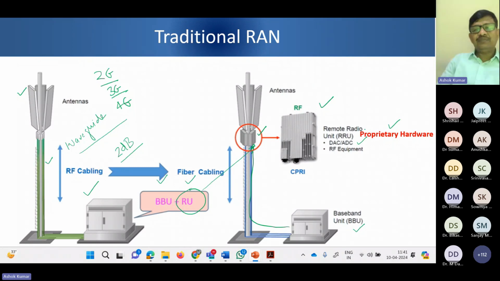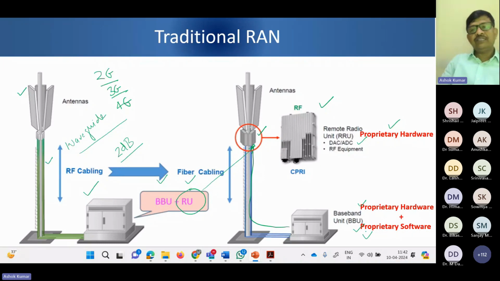If Nokia is supplying the equipment, the entire equipment, baseband and RF, everything, is supplied by Nokia. The baseband hardware was proprietary, and the baseband software was also proprietary.